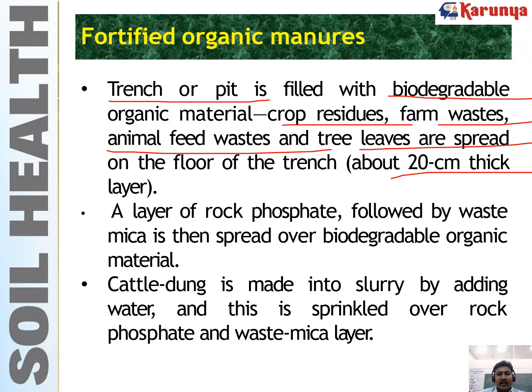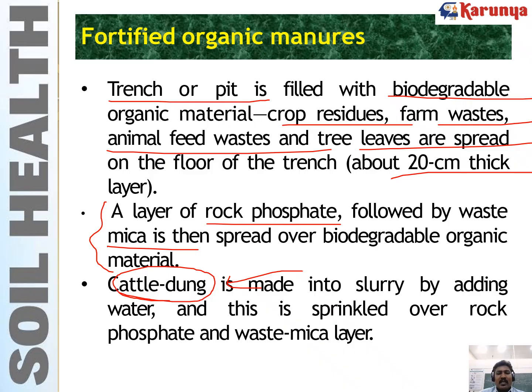and make it a thickness of 20 centimeters. Afterwards, you can add a layer of rock phosphate, followed by mica and other fertilizer like urea, whatever fertilizer you want to add. And the cow dung, cattle dung is mixed with water and made into slurry. Then it can be spread on the surfaces of rock phosphate or mica.